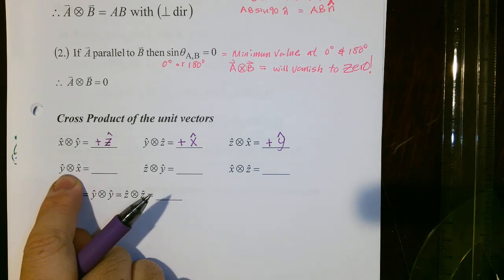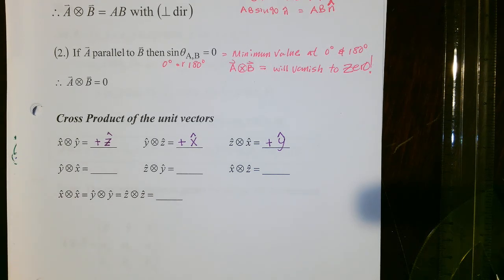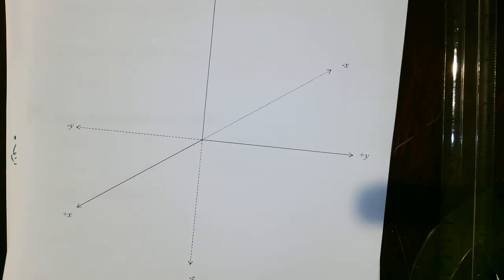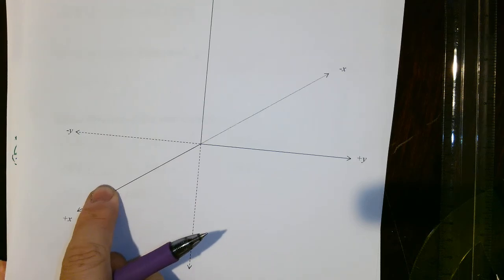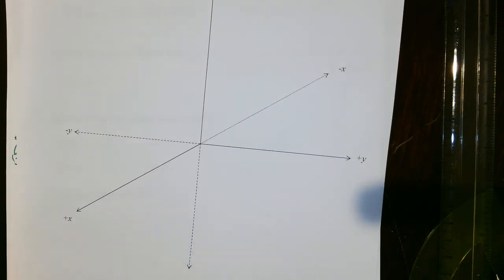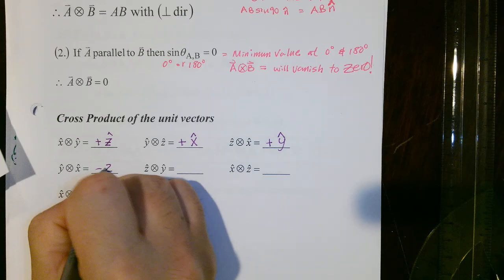Anyway, so let's do y cross x. Right? So if I do positive y cross positive x, it looks like I'm going to go negative z hat.